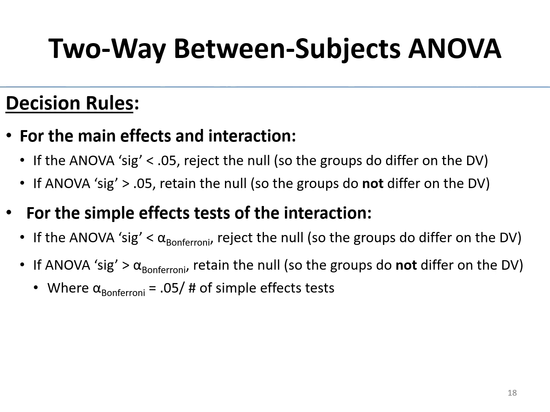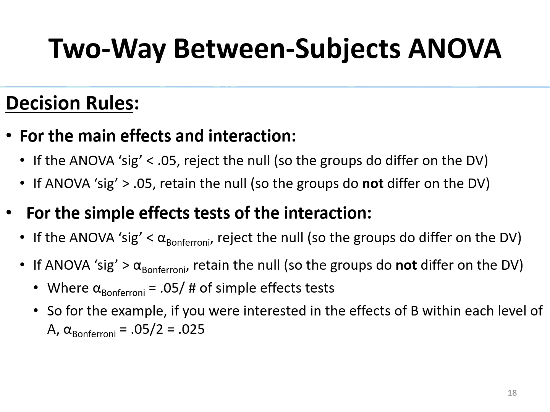Again, there's a formula for calculating your Bonferroni corrected alpha level. In the example where you are interested in the effects of variable B within each level of A, you're going to be doing two simple effects ANOVAs. So to calculate this, it's 0.05 divided by 2. So it's 0.025. That would be your new alpha level that you would use to interpret your simple effects.